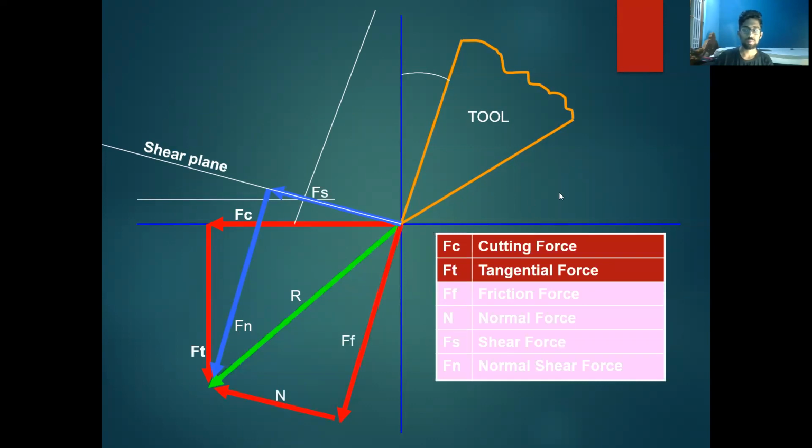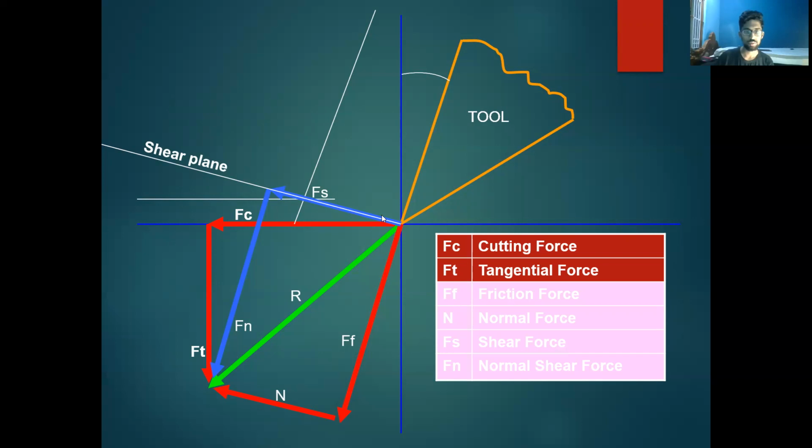Next, you can see the previous three slides, which consist of different forces, combined as the six forces in one diagram. First of all, we see the cutting force, which is the parallel line, and the perpendicular line, which is the tangential force. The third one is the resultant, which connects the cutting and tangential forces. The fourth one is the frictional force, and the force that connects the tangential and frictional forces is the normal force.